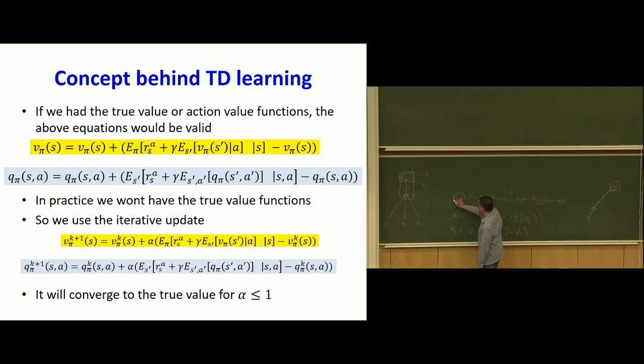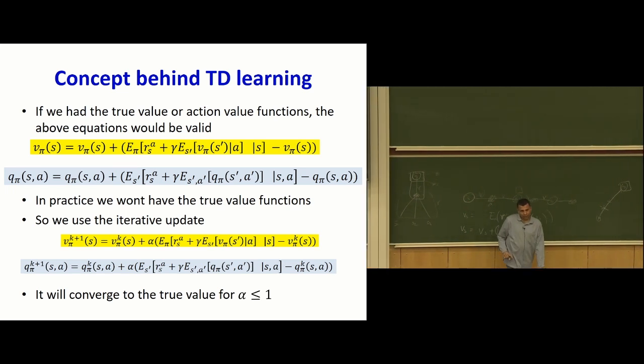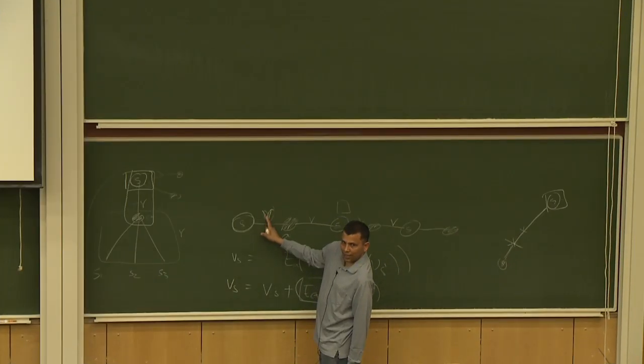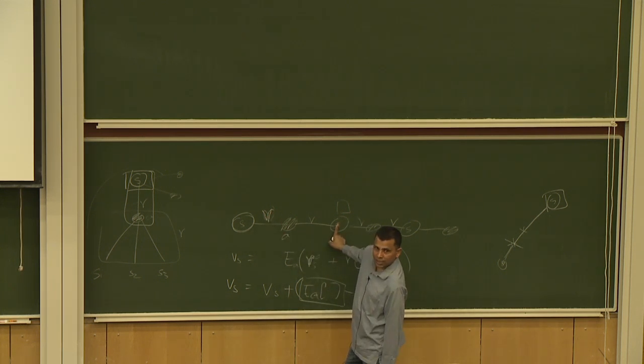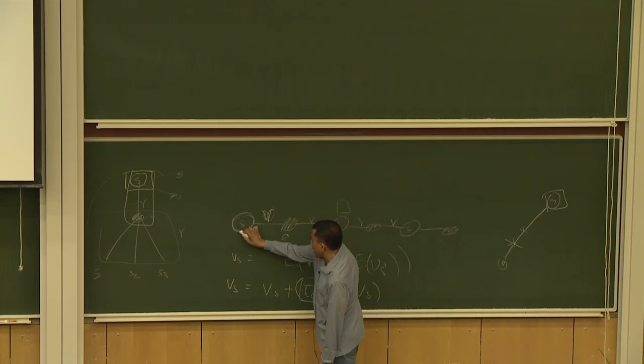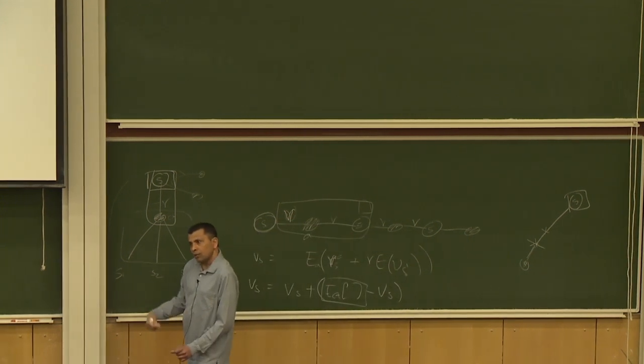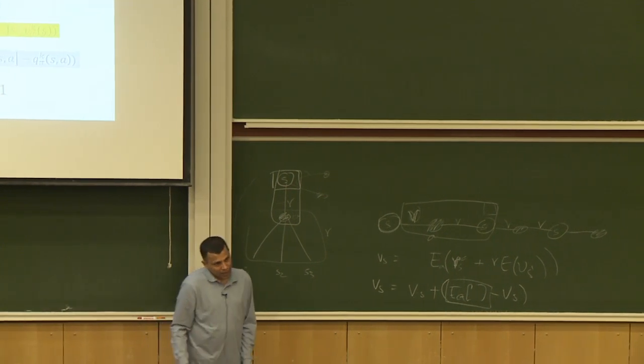You currently have an estimate for the value over here. But then, after having taken an action, you see a reward, and you know that the value must be this reward plus the value at this state. So you say, OK, whatever value I have over here is off; I should really have been seeing something more like this, the sum of the next immediate reward and the value at the next state.